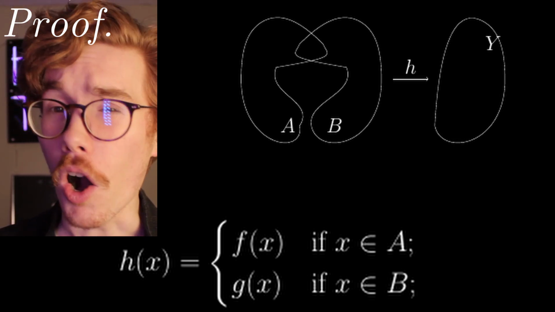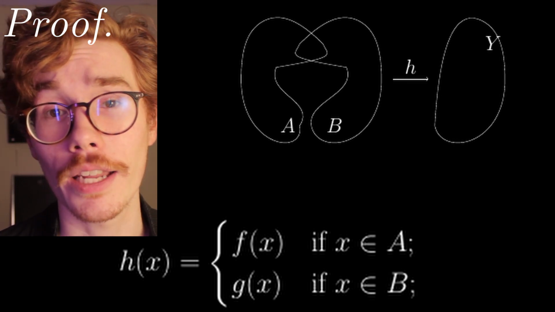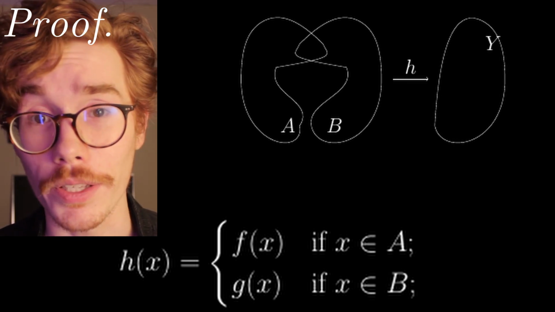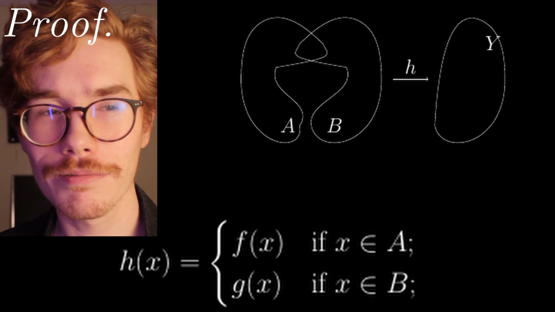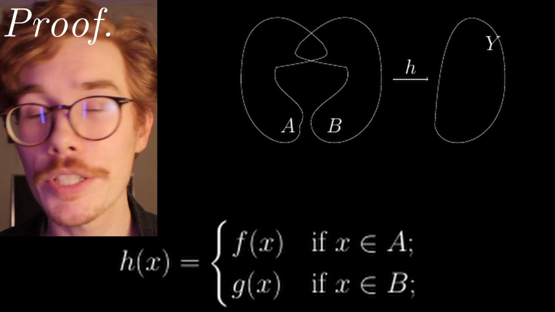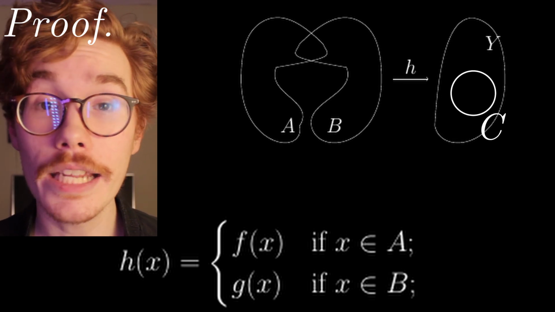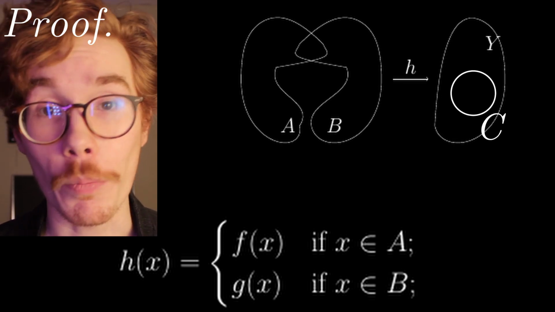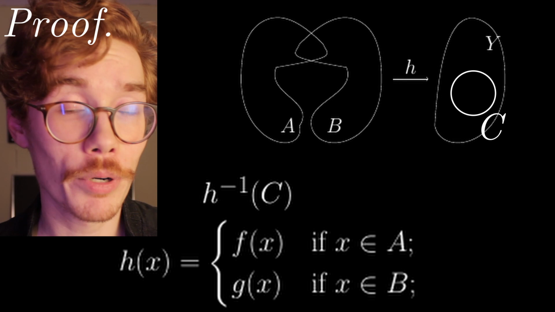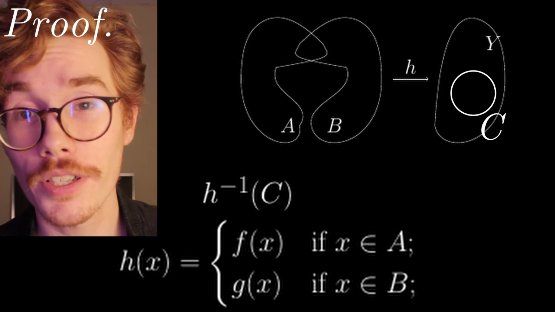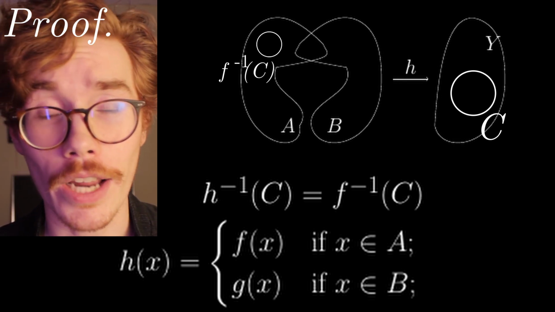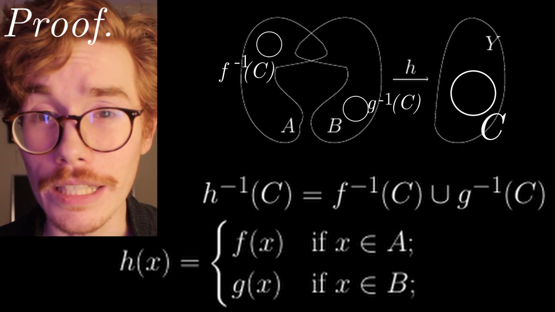Now, we have all these definitions of continuity on hand, so we can appeal to any one of them. For this lemma, we'll show that preimages of closed sets are closed under h. So let C be any closed set in Y, the codomain of h. Well then, the preimage of C under h is just the preimage of C under f union the preimage of C under g.